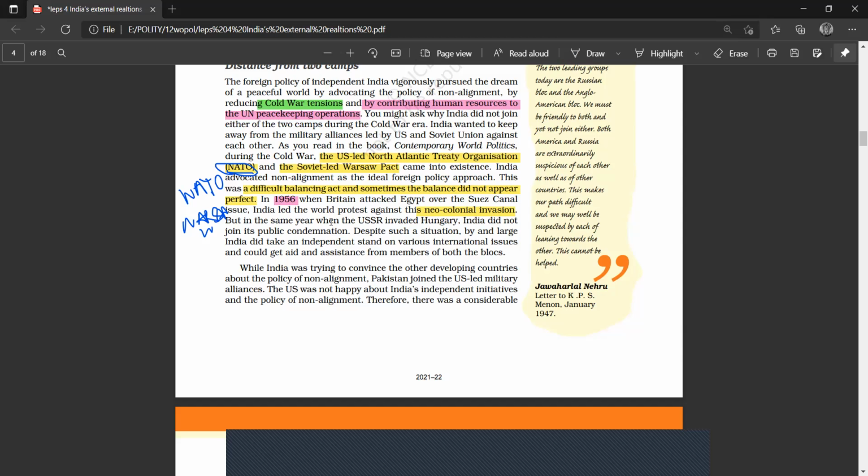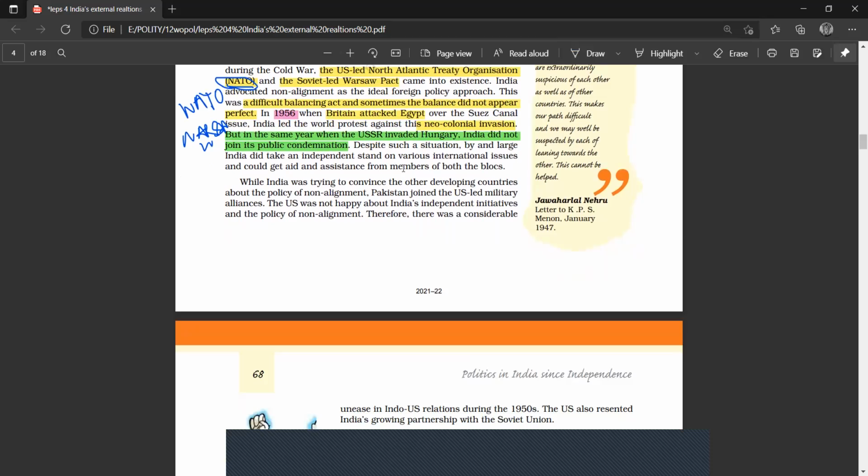So here is an example: when Britain attacked Egypt, India intervened, but when the USSR invaded Hungary, India did not. Despite the situation, by and large, India took an independent stand on various international issues and could get aid and assistance from members of both blocs.